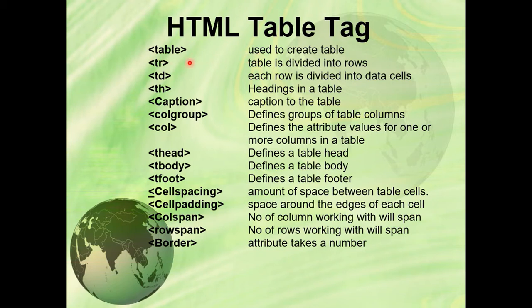What is the meaning of table? A table is a collection of rows and columns. That's called a table.